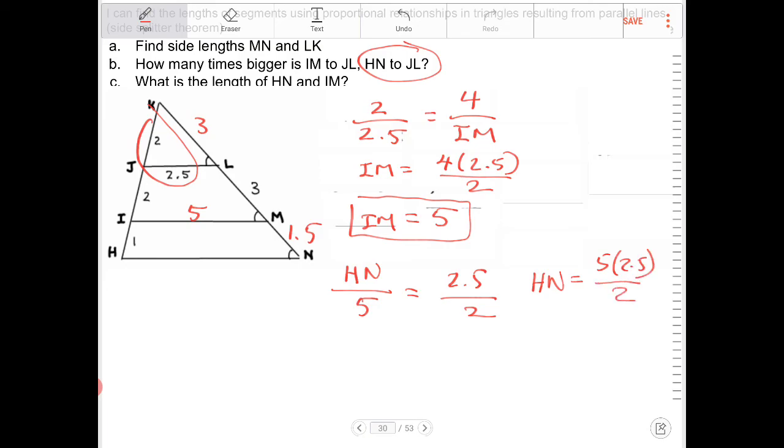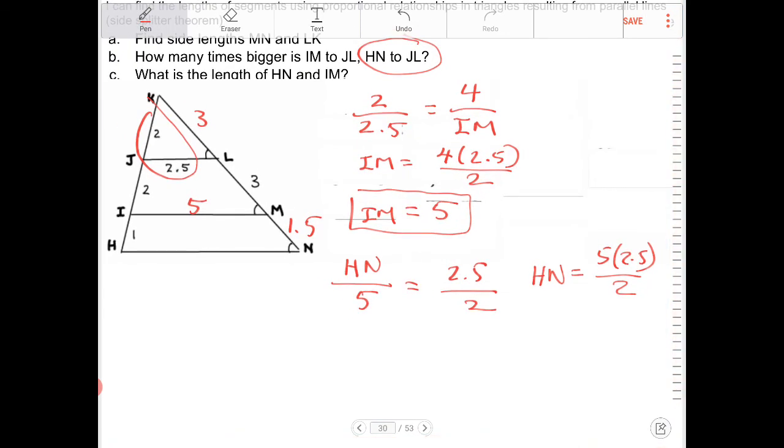divided by 2. Actually, no, I take that back. It's not going to be 5 times bigger. It's going to be whatever that is. So this is going to turn out to be 12.5 divided by 2, or it's going to be 6.25. So if this is 6.25, and I know that that segment there is 2.5, it's whatever that figure comes out to.